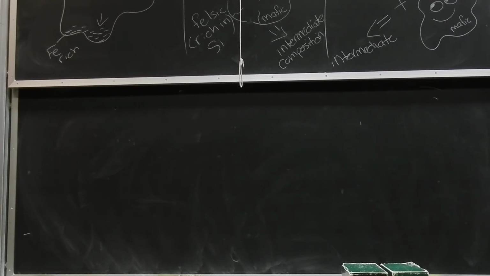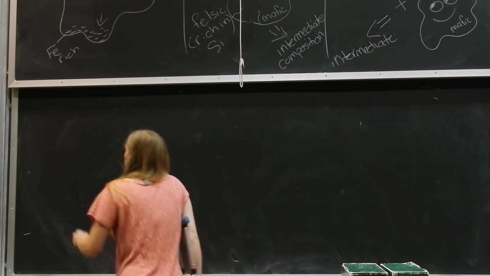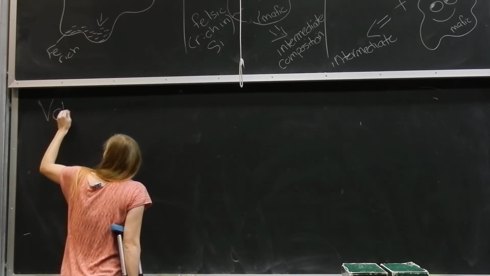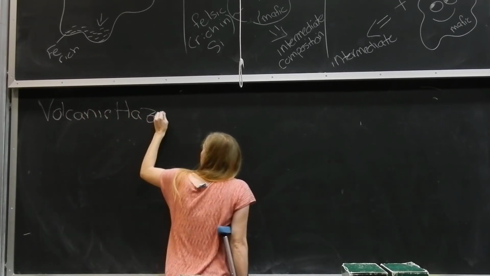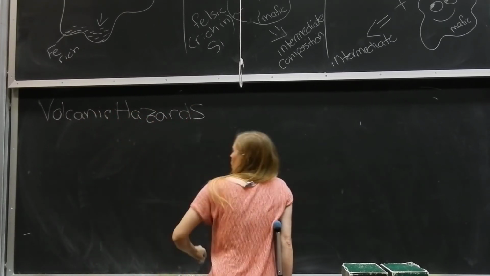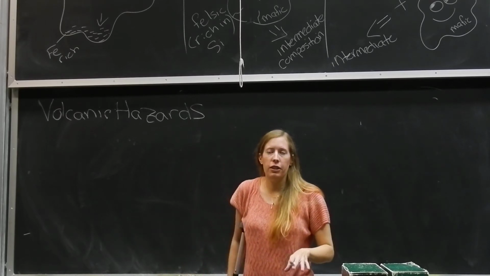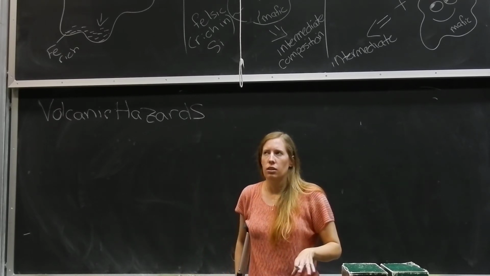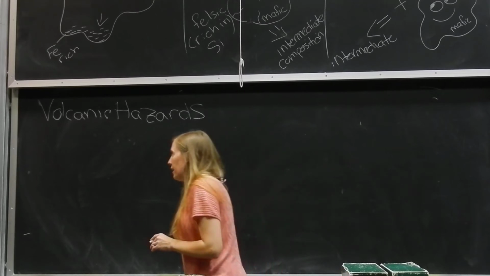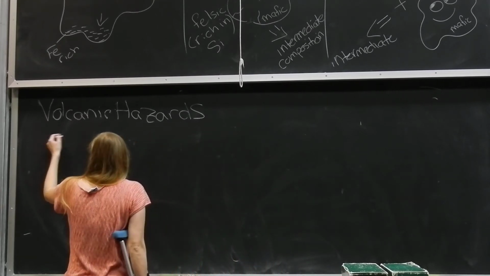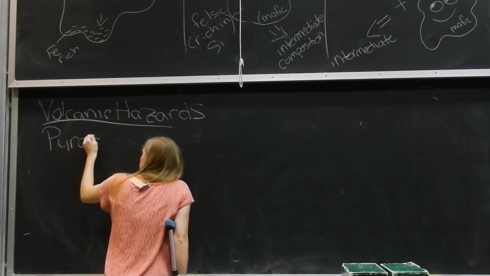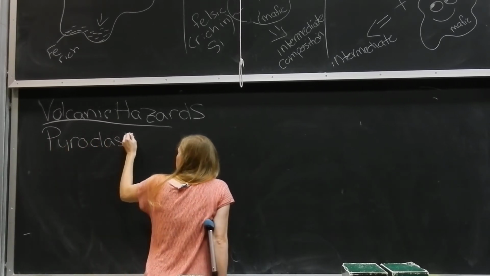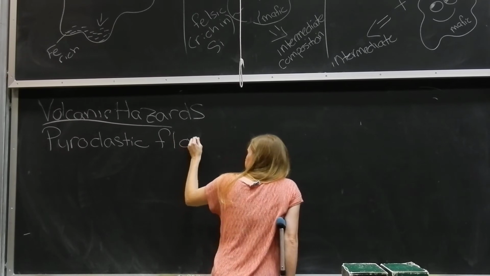All right. Now we want to go over our volcanic hazards. We're going to list them off in order of, well, at least the first three in order of deadliness, right? So our most deadly volcanic hazard is hands down our pyroclastic flow.